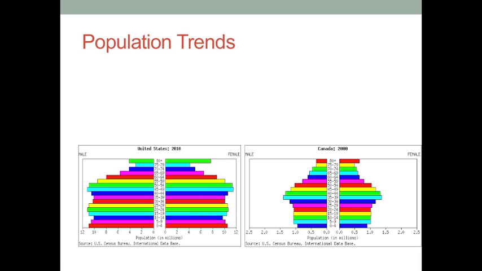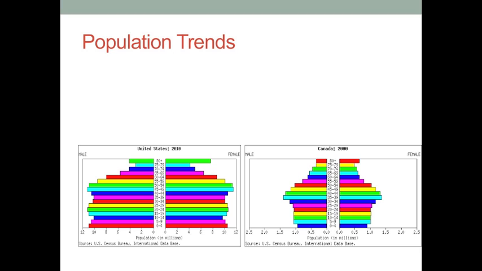We can also examine the age structure of populations in the United States and Canada, and we see a couple of things. First of all, if you look to the left, the population pyramid for the United States, clearly we see that the population is substantially larger than that of Canada on the right. But what we also see is that the overall shape of the pyramid suggests relatively stable population growth in the United States.